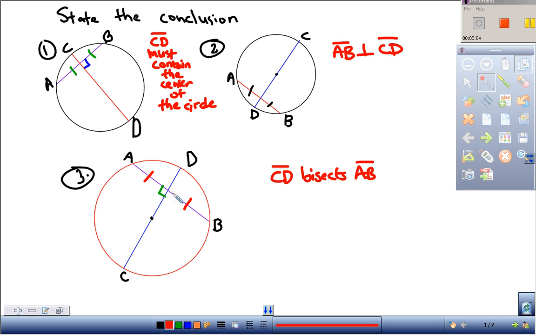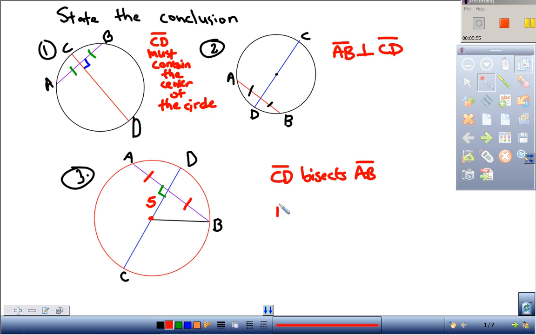You're going to make a radius and make sure it connects from the center to the end point of that chord. So if they tell you the distance that this chord AB is from the center, let's just say they give you a number like 5. And let's say they tell you that the chord length is 24. So AB is 24. Well, we just figured out that it gets bisected. So immediately I'm going to put 12 and 12.